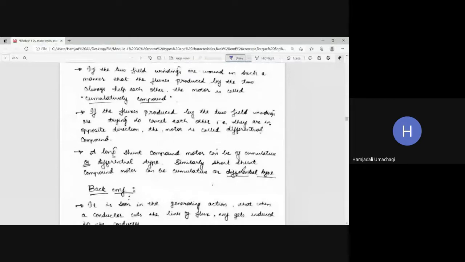Cumulative means what? The field winding which is divided into two half sections, if the flux produced by them helps each other to get added, then it is cumulative. Or else if they oppose each other to cancel the flux, then it is called a differential type motor.